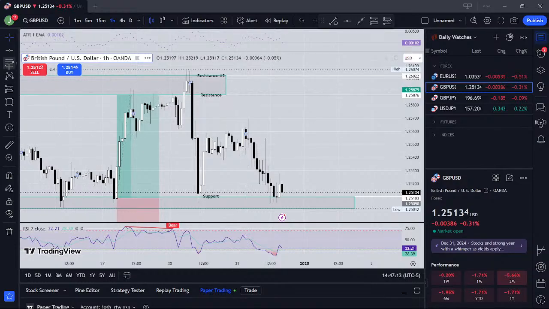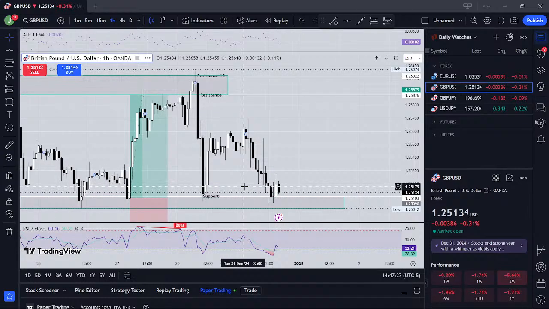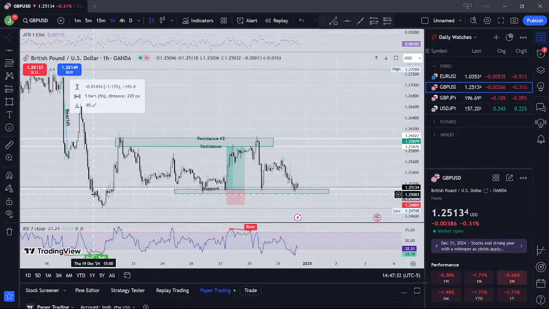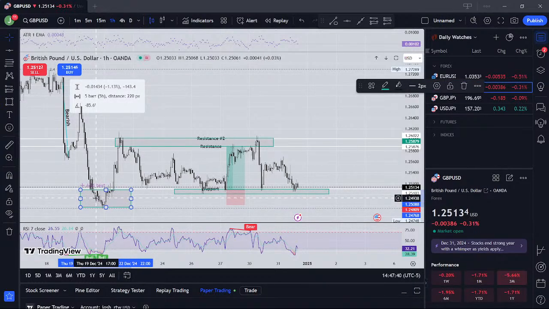Okay. So right now I can't really say what the market's going to do, but because of the procedures I've been complying with, I can say that it might push up or go below my support. So that's why I'm going to zoom out and see. Okay, so the market has actually gone lower than this around December 19th.